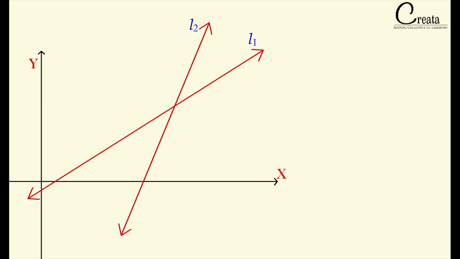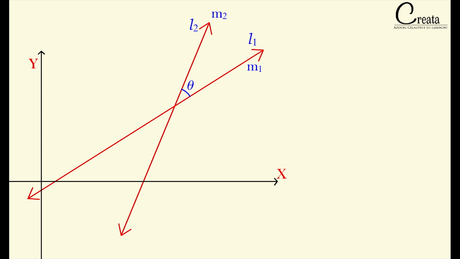In this lecture, we will try to find the angle between these two lines, L1 and L2. Let's assume this angle as theta, and let's also assume the slope of the first line L1 as M1, and the slope of the second line L2 as M2.